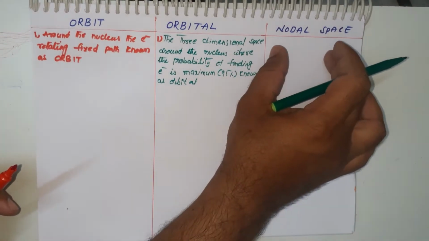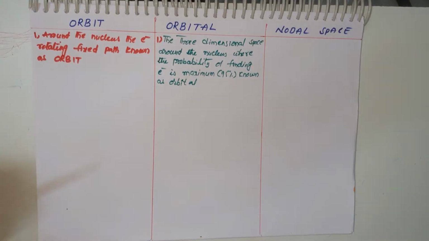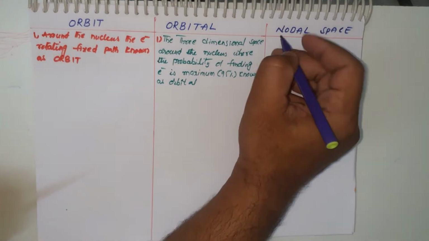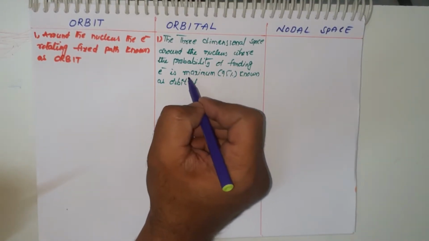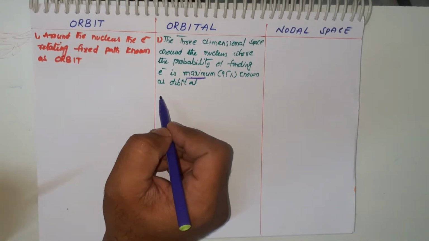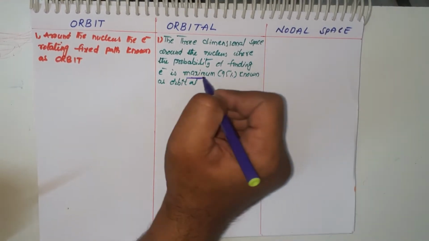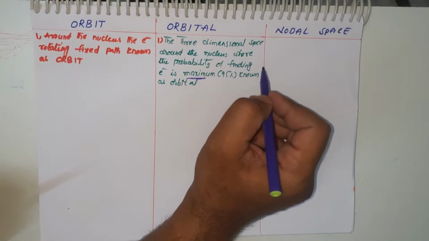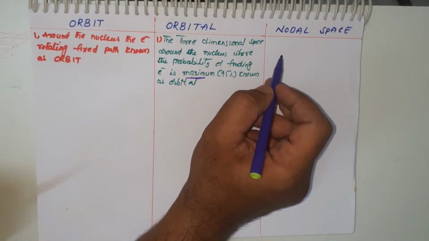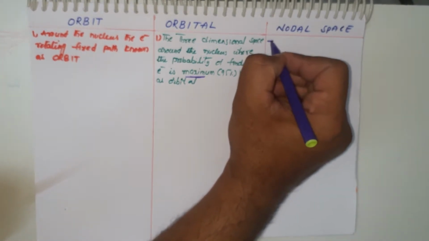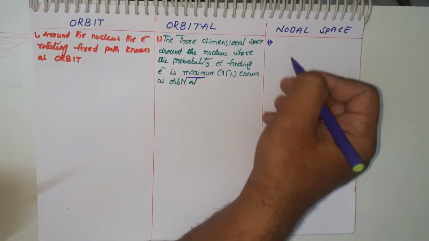We just discuss the definition now, and we discuss the later part later. Okay, what is nodal space? Where the finding of maximum electrons is known as orbital around the nucleus, but here it is zero, the place where electrons are not present, the electrons not binding place, is known as nodal space. Same definition, but here is maximum, here is zero.